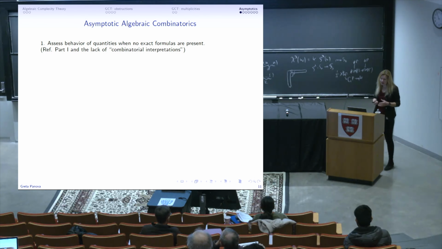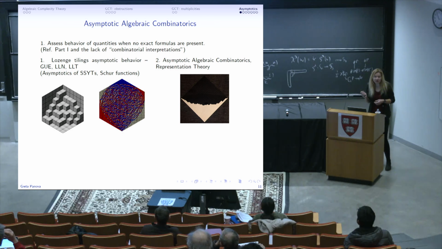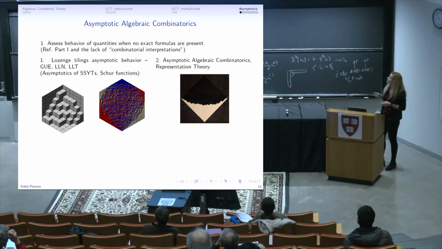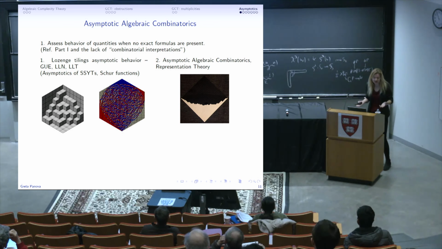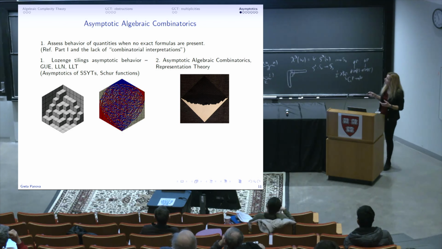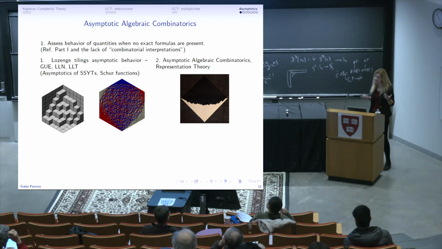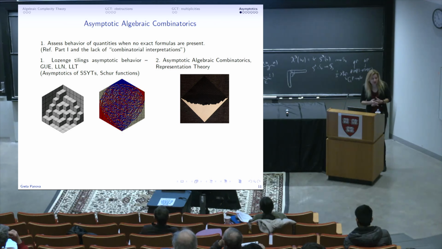So it has to do with Amol's talk, for example, because it says something about asymptotics of various structures that we already saw yesterday. So here are these lozenge tilings or plane partitions, and these plane partitions are counting, in some sense, semi-standard Young tableaux. We can think of it this way, and asymptotic algebraic combinatorics is very closely related to this type of question as well.